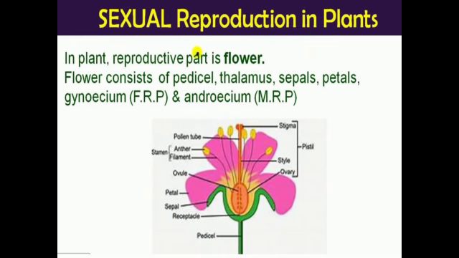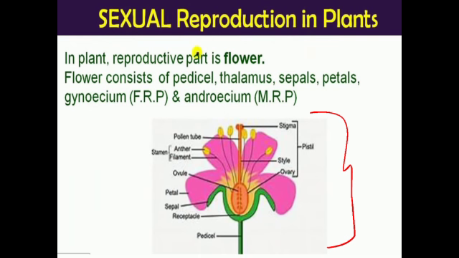For understanding sexual reproduction, you need to keep your textbook by your side so that you can see the figure given on page number 134, figure 8.7. It is the longitudinal section of a flower. It is already given here in the slide itself, but there you can see it clearly.